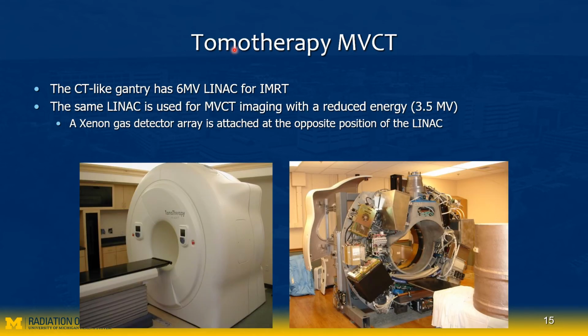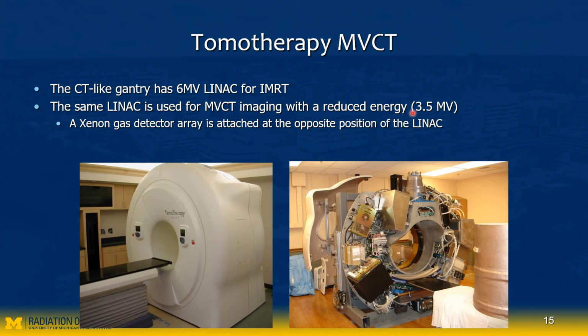The tomotherapy unit has this somewhat unique megavoltage CT. The tomotherapy unit itself looks like a CT scanner, right? It has a CT-like entry, and it has this 6 MV linear accelerator. This whole thing you see is a linear accelerator. And the same linear accelerator that is used for treating can also be used for megavoltage CT imaging.